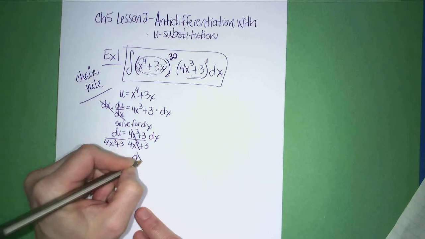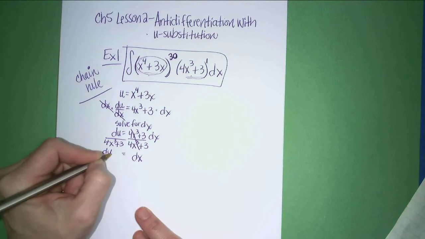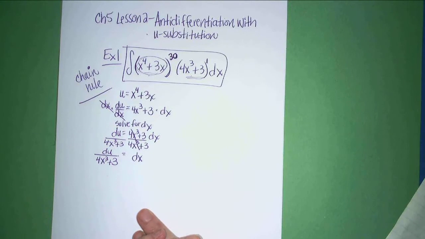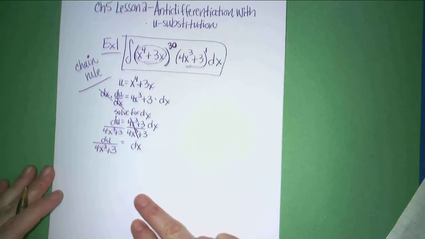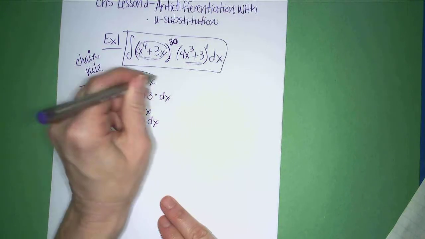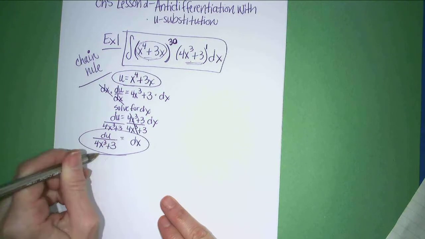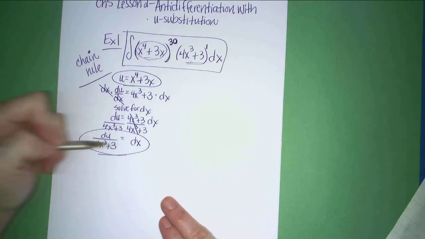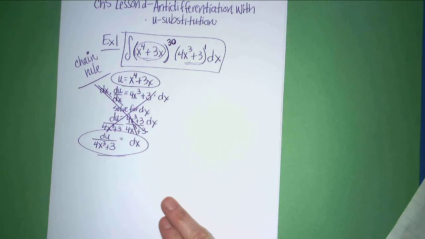So dx ends up being du divided by 4x to the 3rd plus 3. Okay, at this point, there's only two things we need. We need the first step, and we need the last step. All this stuff in between, it was good work to get this, but I really don't need it anymore.